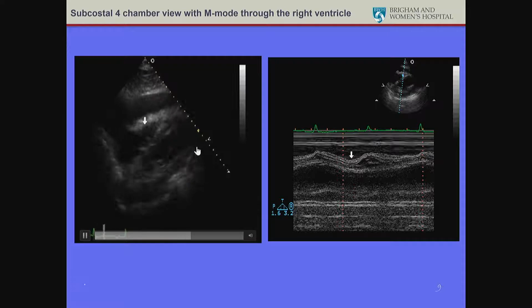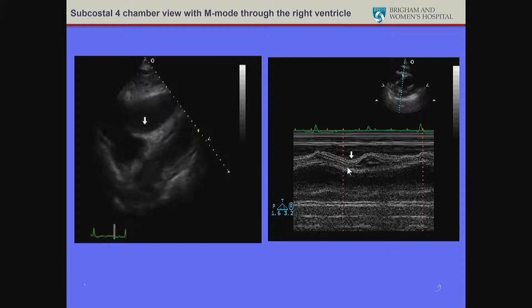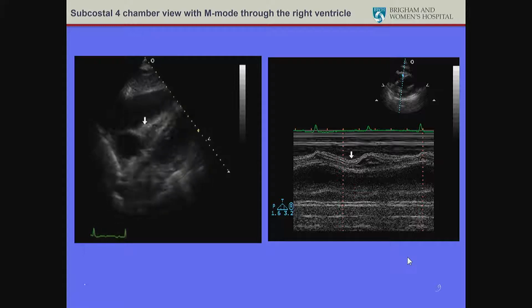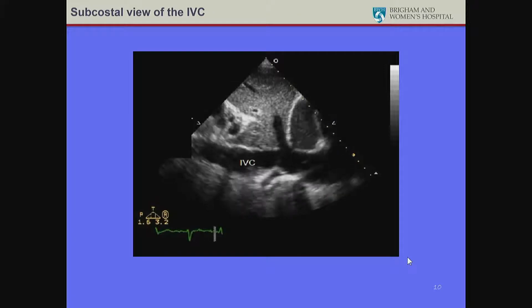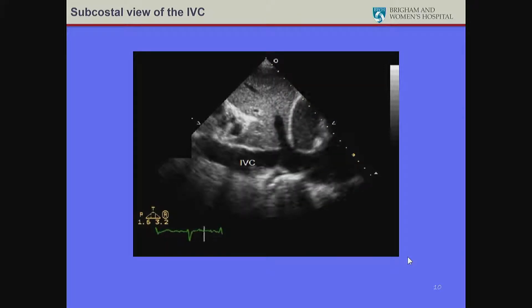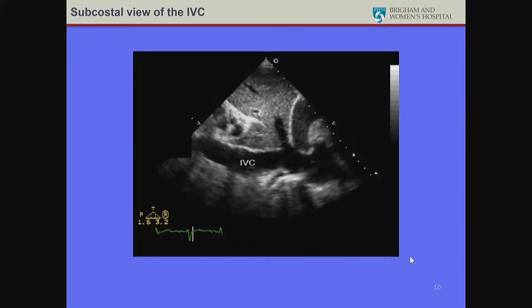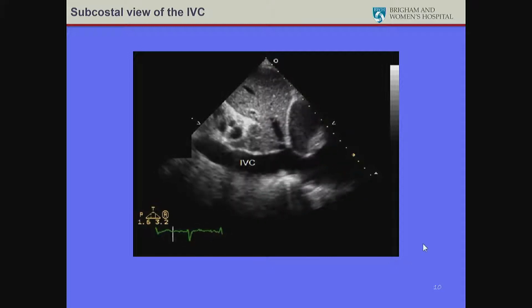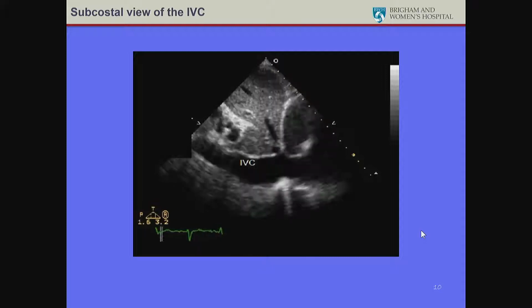This represents a subcostal 4-chamber view on the left, as well as an M-mode through the right ventricle from the subcostal view. This is a subcostal view of the inferior vena cava during inspiration.